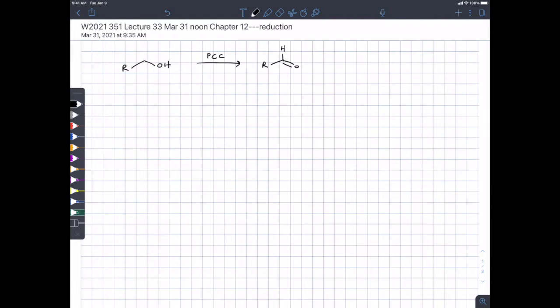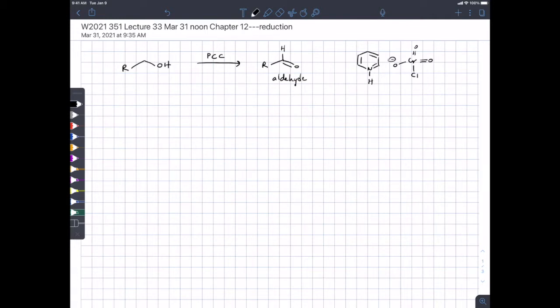I think that was the third floor of our oxidation tower, but would not go on to the fourth floor, to the carboxylic acid. We mentioned that pyridinium chlorochromate is this organic soluble chromium reagent. The oxidizing agent is chromium.